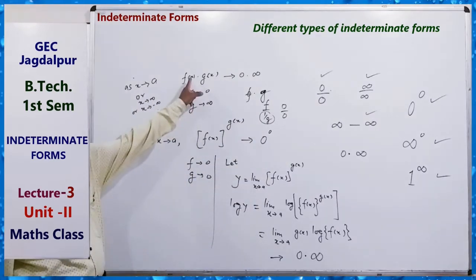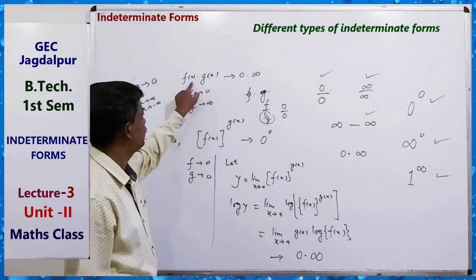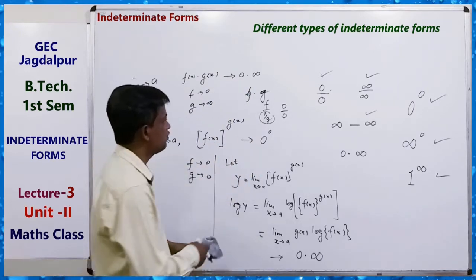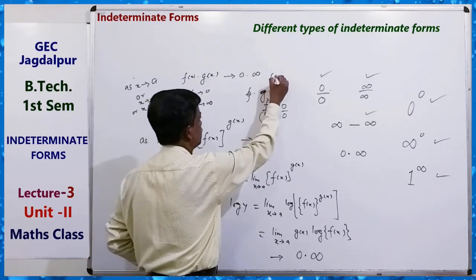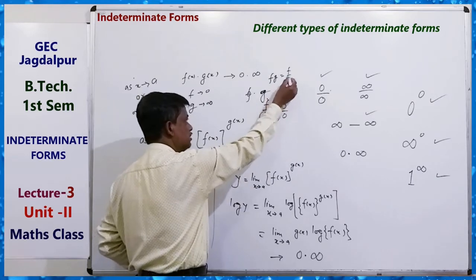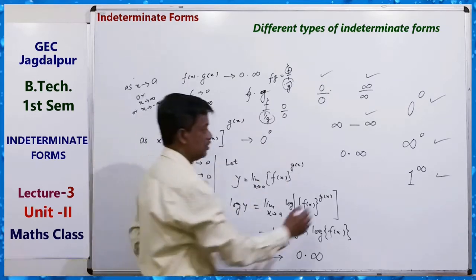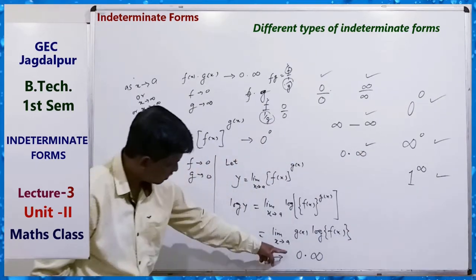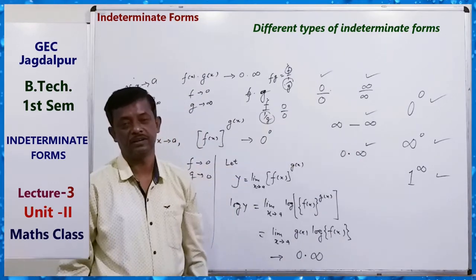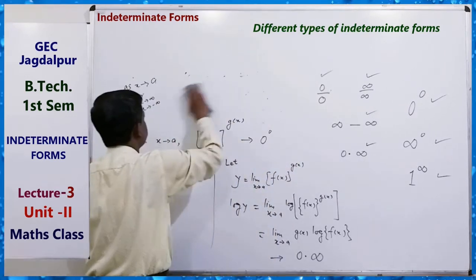So fx into gx, 0 into infinity, can be converted as fx divided by 1 upon gx. So fg can be written as f upon 1 upon g. Here the numerator tends to 0 and the denominator tends to 0, so the 0 into infinity form changes to 0 by 0 format, and we can solve it by using L'Hospital rule.